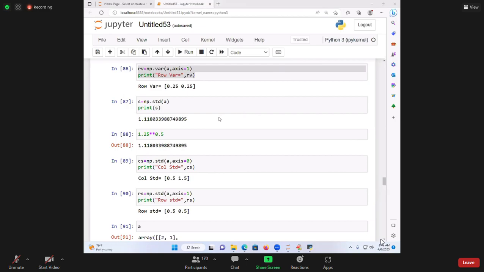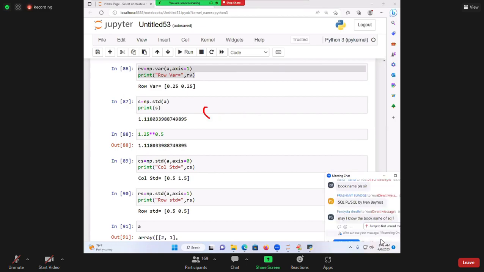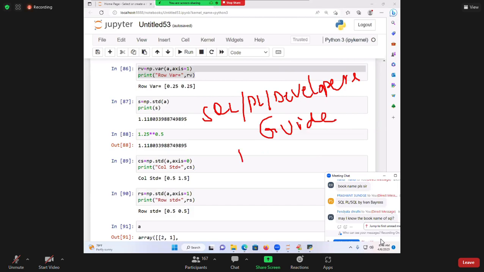So Shruti is asking the book name. I told you already, ma'am: SQL and PL/SQL Developer's Guide. This is a guide by Ivan Bayross. Ivan Bayross. You already wrote it in your book also. Ivan Bayross, BPB publication.